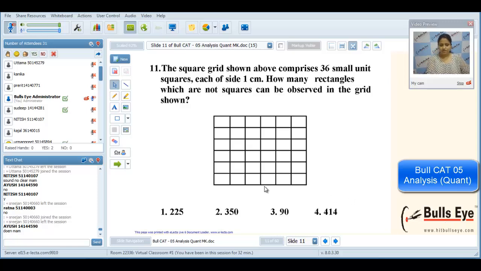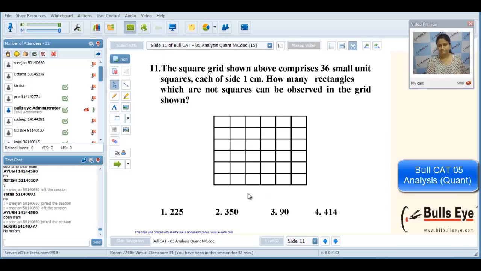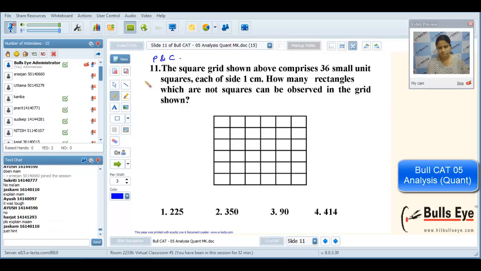Okay. Any problem in 11th? Ayush, if you know the logic again, this is PNC. I'll say it's a moderate question, not a tough one.